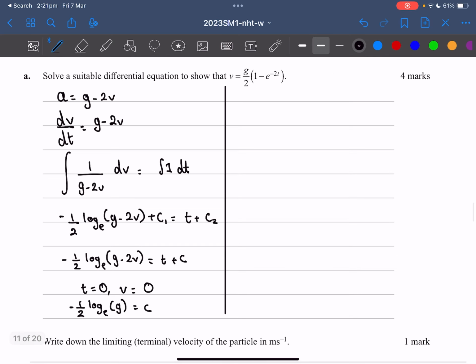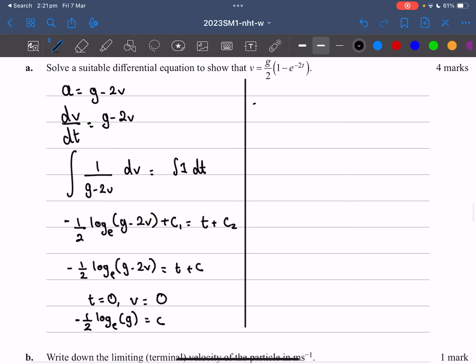So let's write that down. So we'll have minus 1 on 2 log base e of g take away 2v equals minus 1 on 2 log base e of g, t take away that. Okay.